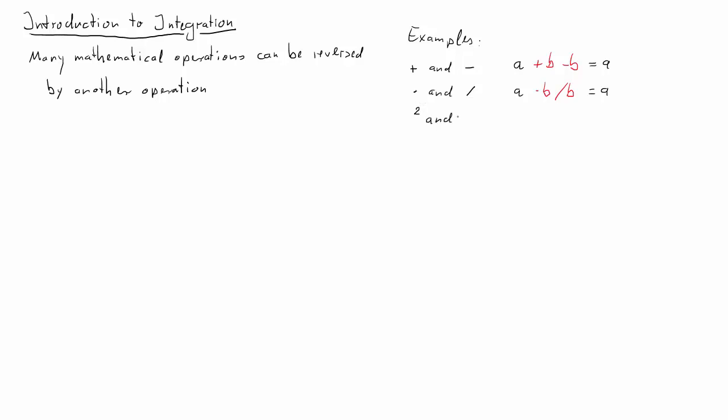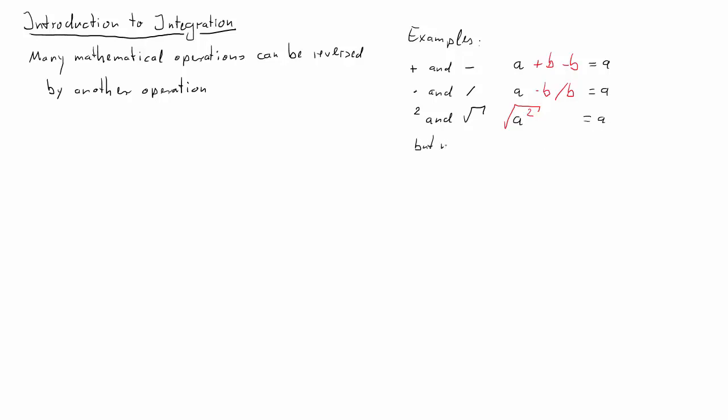So what if we take something to the power of 2 and then take the square root? Is that a reversal as well? Well, let's look at this. a squared. So we take the square of a and then we take the square root. Is that equal to a?